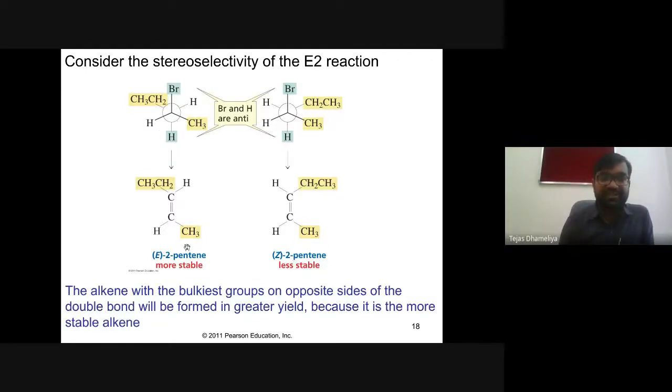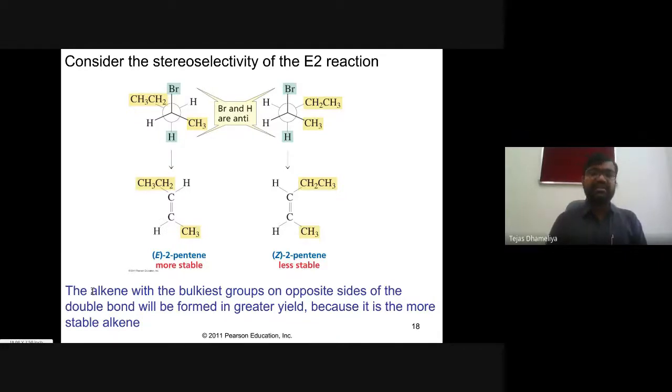The CH3 groups will be on the same side or on opposite sides. If the higher priority groups are on opposite sides, it is called E. If they are on the same side, it is called Z. The E isomer is considered the more stable one, and the Z isomer the least stable, because the bulkiest groups are close to each other.